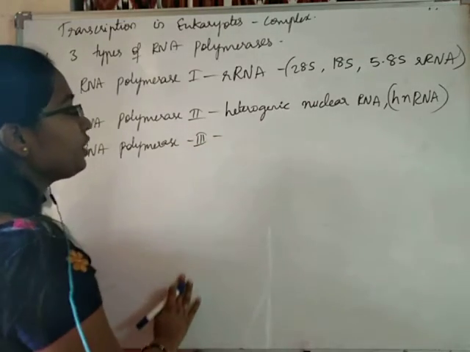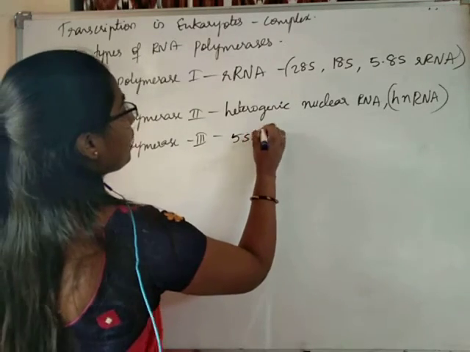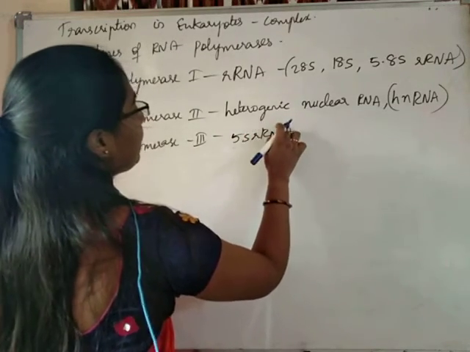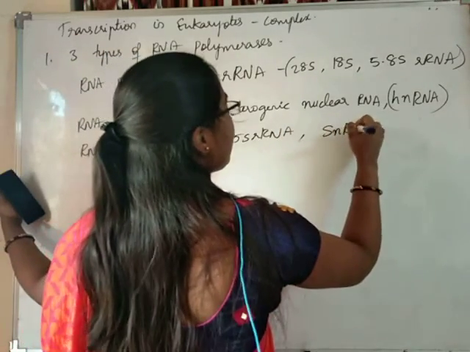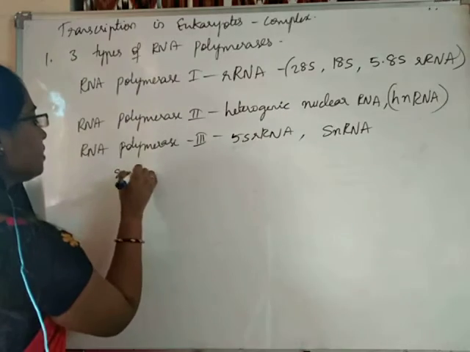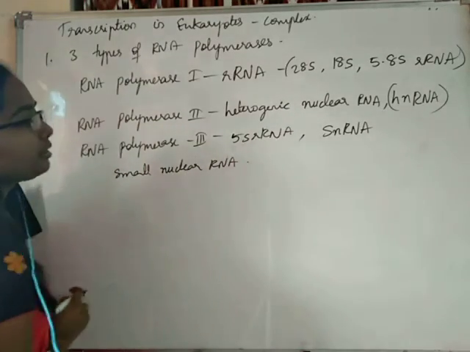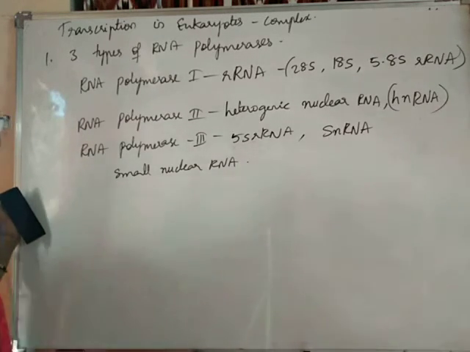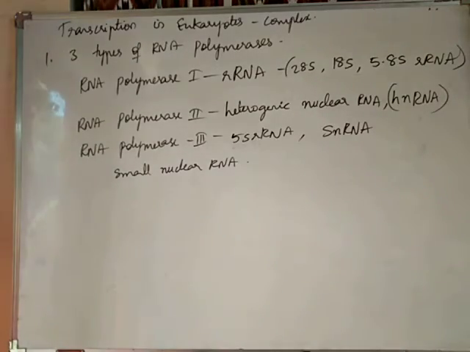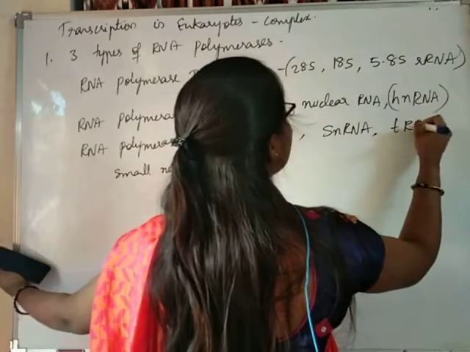RNA polymerase 3 is catalyzing the transcription of 5S rRNA and snRNA. snRNA means small nuclear RNA. These are the 3 types of RNA polymerases. RNA polymerase 3 also catalyzes the formation of tRNA.